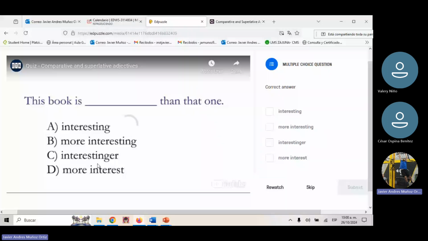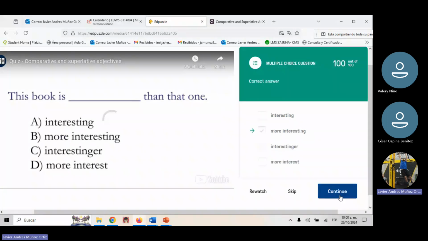Interestinger is not correct because interesting has 4 syllables, and if it has 3 syllables or more, with some exceptions with 2 syllables, this is not possible. This is not coherent. Therefore, no. More interest? No, because interest is not an adjective. More interesting? Bingo. This is the last option we have.